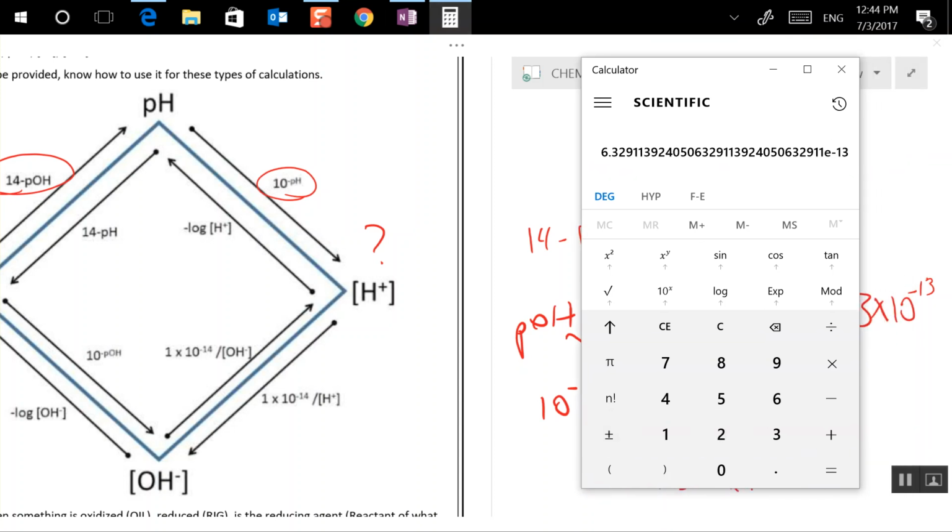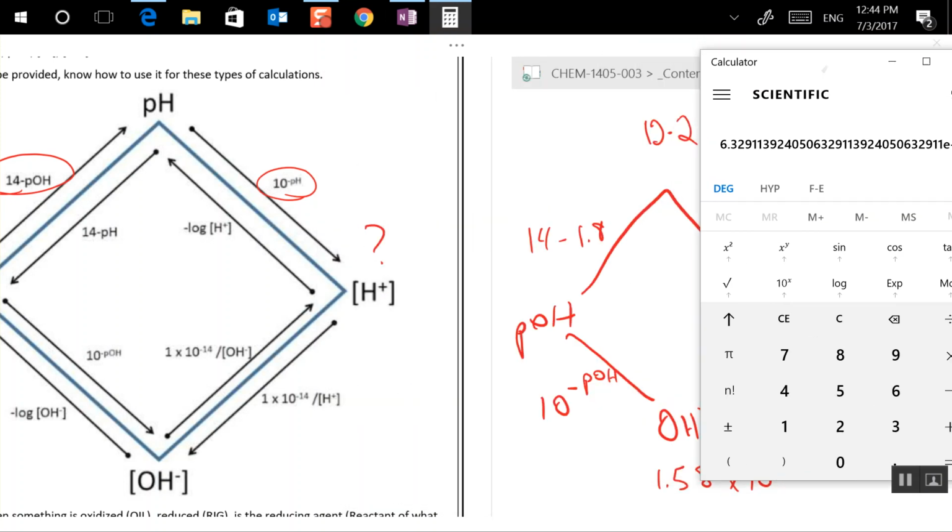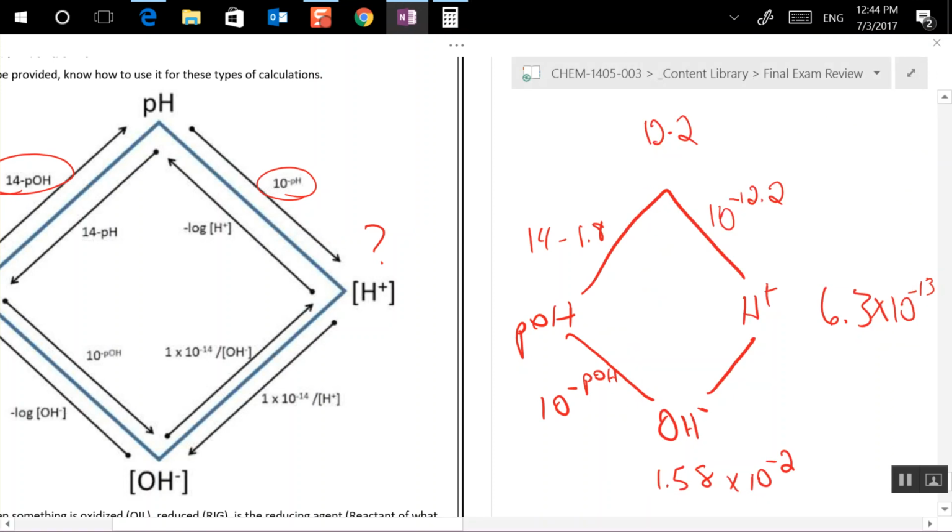Can I get the same answer? Yes, I get the exact same answer, right? It doesn't matter which way you go. You're going to get the same answer either way. So that's how I'm going to use my pH diamond.